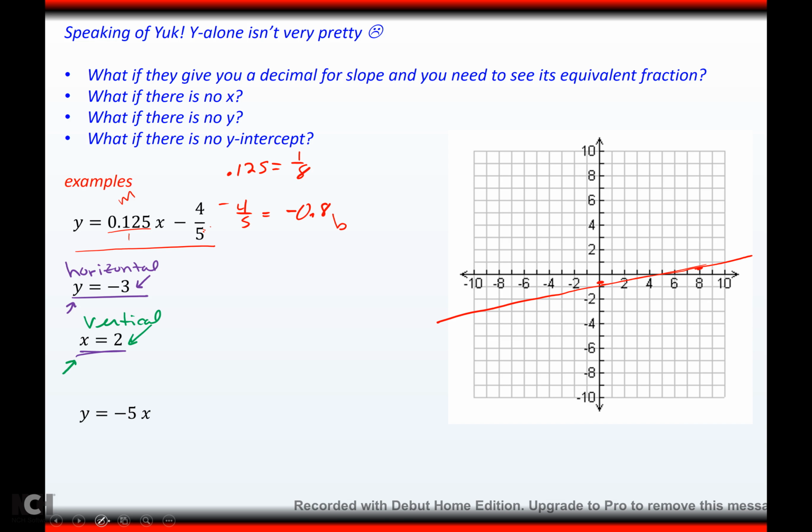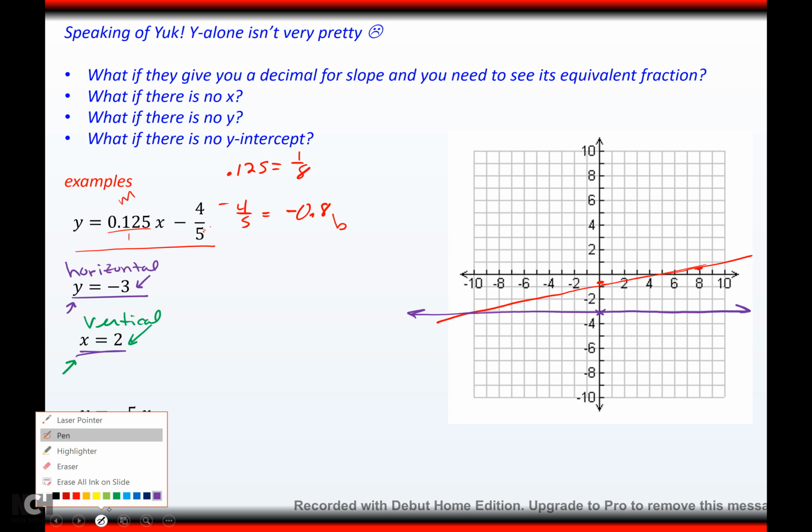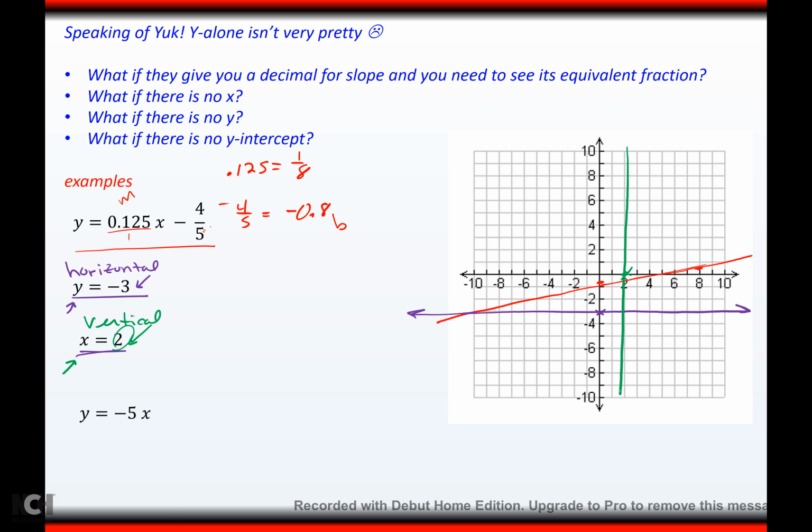So if I graph the y one, I go to -3 on the y-axis, and I make a horizontal line through it. Okay, so that's how you graph a y equation with no x. To graph an x equation with no y, I'm going to make a vertical line through 2 on x. So that one would look like this.